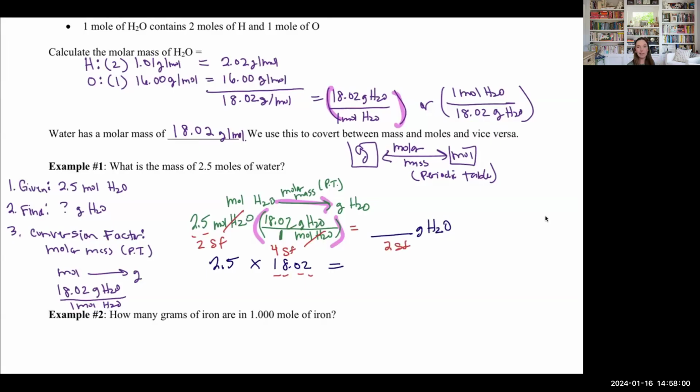So let's get the unrounded answer and then go ahead and round it. 2.5 times 18.02, enter. And I see here I have 45.05. And to 2 sig figs, that would be 45 grams of water. Questions?